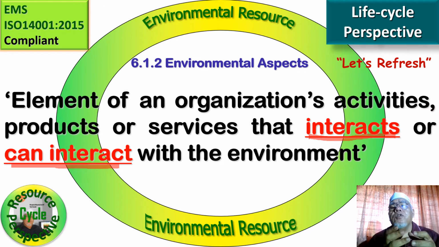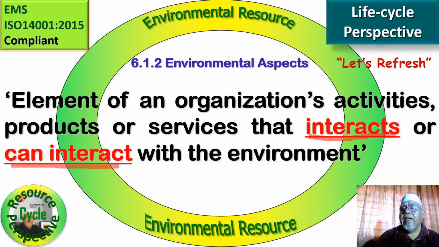And from that process, generate product. Those products are environmental aspects, and perhaps generate residues or intermediate products. Those are all environmental aspects because they interact and can interact with the environment. I hope that is clear. So that is the definition of environmental aspects.